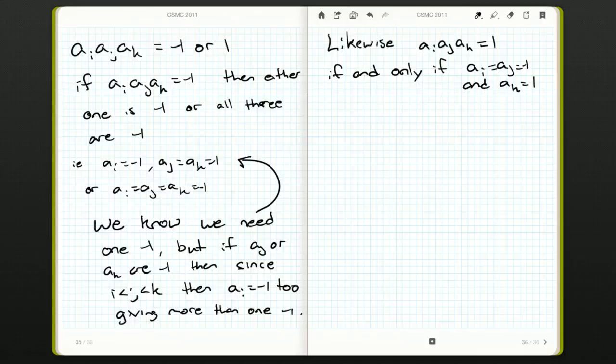So the only possible way this works for an MP sequence, because remember I, J and K are in order, is AI, AJ being negative 1 and AK being positive 1. Okay, so these are the 4 possible cases, and we're not choosing anything else here.